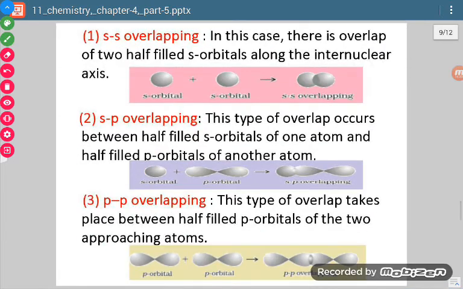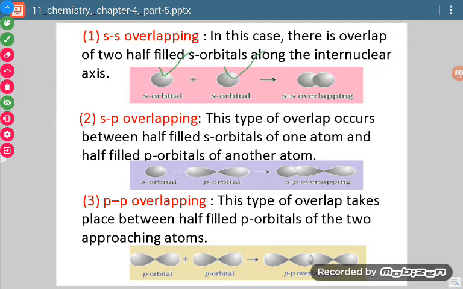Okay. Now let us consider first s overlapping. Now see, there are two orbitals, this is s orbital, this is s orbital, and both are containing one electron. Those electrons should have opposite spin, and when they combine, there will be ss overlapping and there will be formation of a bond.